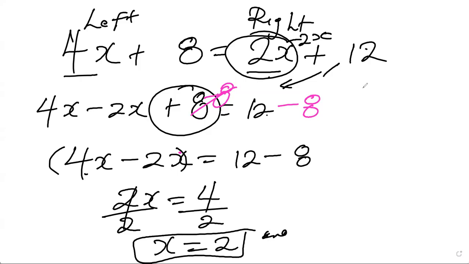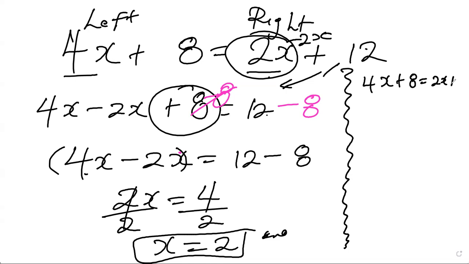Now we can double check. Let's put in 2 wherever x is and see if we get the same thing. Both sides must be equal, right?